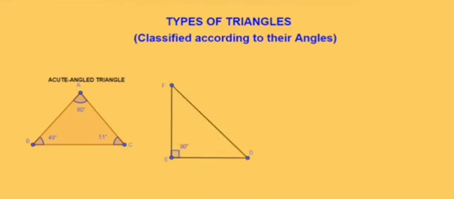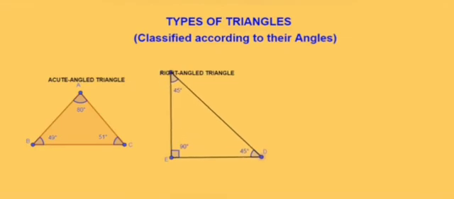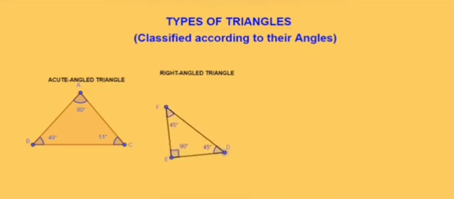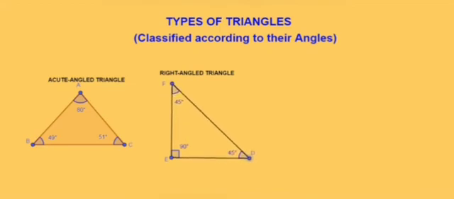Here one angle is 90 degrees, 45 degrees, 45 degrees. So if one angle is 90 degrees, then we can call it a right angled triangle.